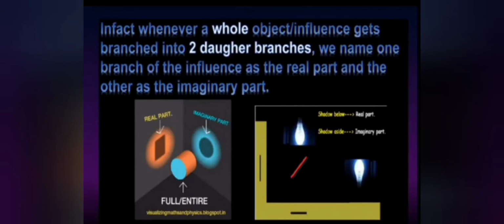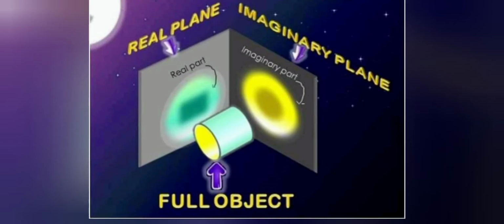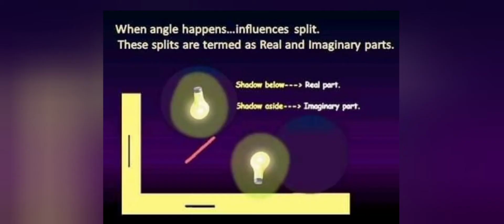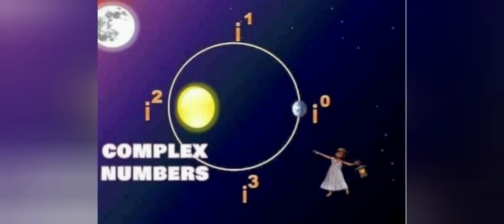One part, which is the parallel influence, is called the real part, and the other part, which is an influence perpendicular to a reference surface, is called the imaginary part. So complex numbers, like real numbers, have a reason to come into mathematics. Now just look at the image that will be shown. The shadow below is the real part and the shadow aside is the imaginary part.